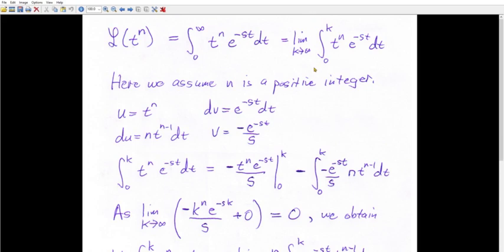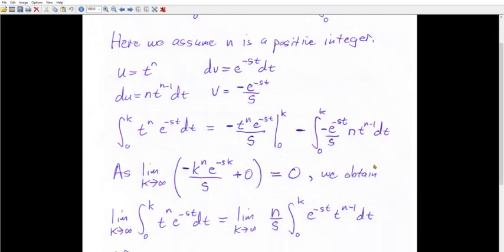So this integral from 0 to k is actually then uv evaluated between 0 and k minus the integral of v du. And when we look at this quantity, at 0 we get 0, and at k we get k to the n e to the minus sk over s.